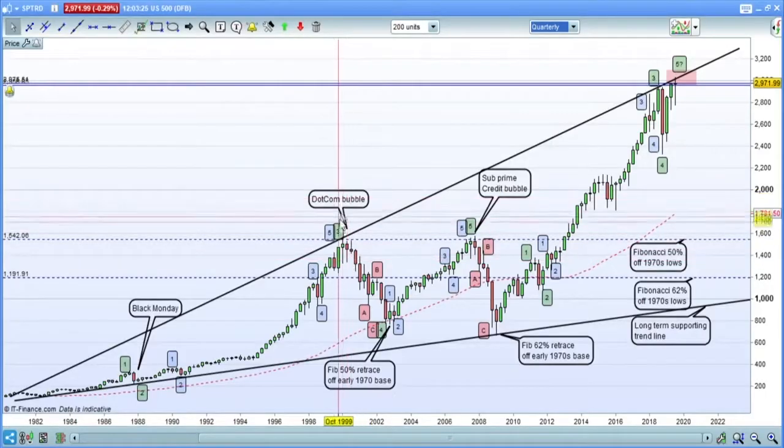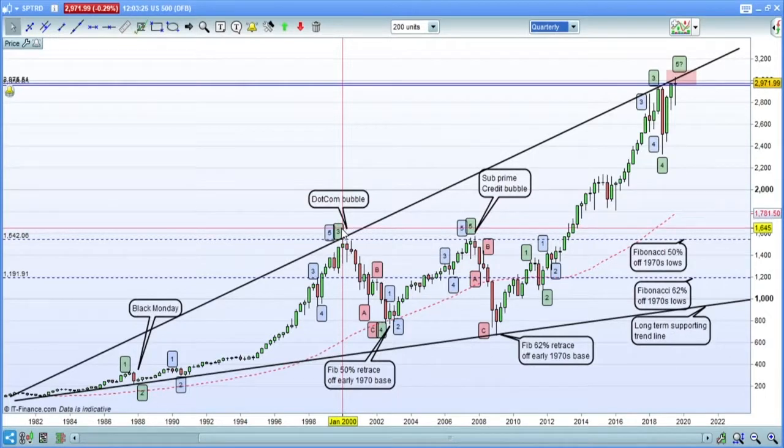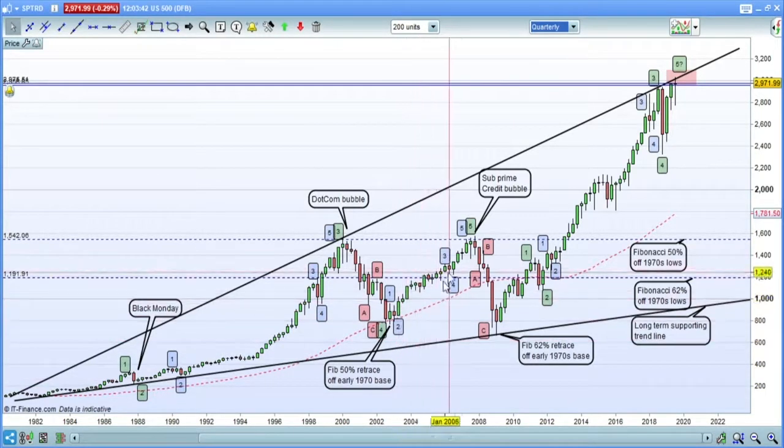Right. Okay, so then at the dot-com bubble, the market collapsed quite significantly. It was a 50% retrace off the 1970s base, and it went in an ABC pattern, counter-trend, which, if you had recognized it at the time, you would have said, right, we're going to get a rally. Sure enough, we did. We got a 1, 2, 3, 4, 5 rally. Then we got another ABC down.